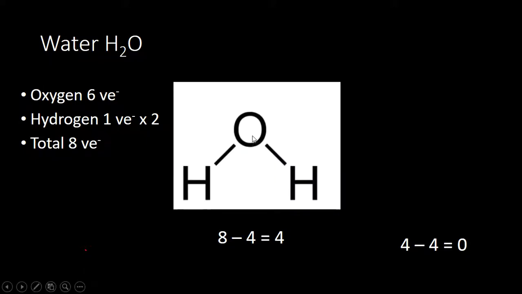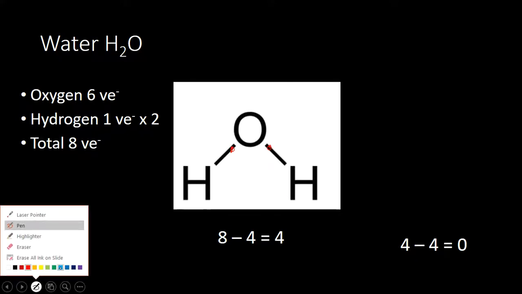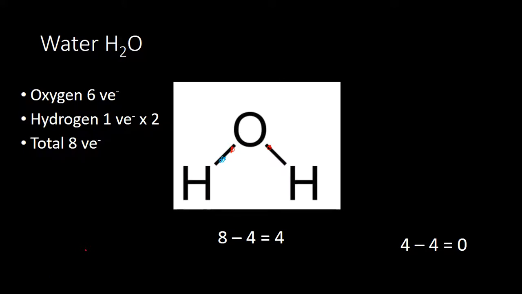So here's oxygen, and there's 2 hydrogens coming off of it. Each bond has 2 electrons, one from the oxygen and one from the hydrogen. So we have 4 electrons already used. 8 minus 4 means we have 4 electrons left.